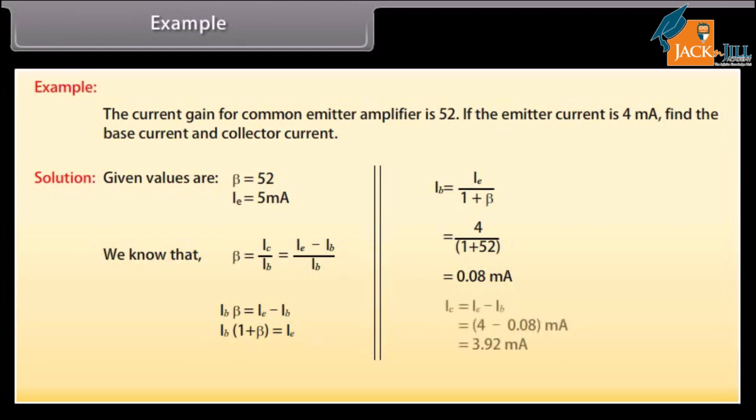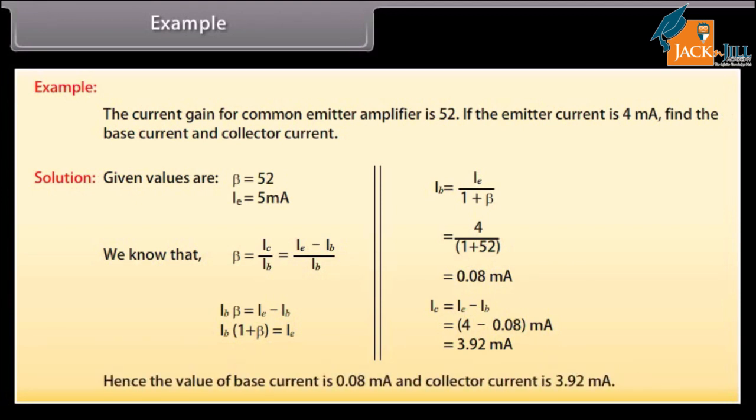We know that IC is equal to IE minus IB. Now putting the values in the expression and calculating, we get IC is equal to 3.92 milliampere. Hence the value of base current is 0.08 milliampere and collector current is 3.92 milliampere.